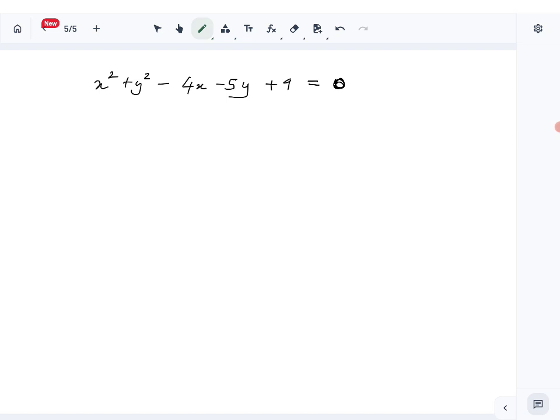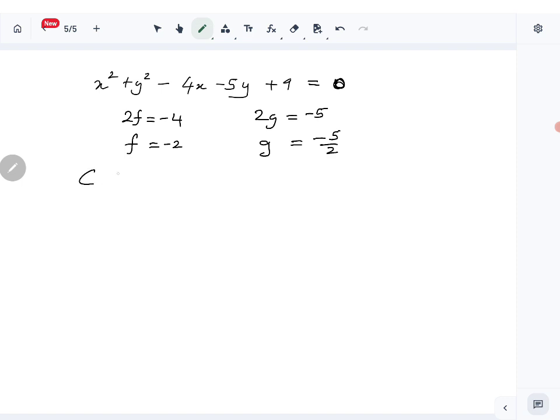So let's do it using f. So 2f equals minus 4 and 2g equals minus 5, so f equals minus 2, g equals minus 5 over 2.